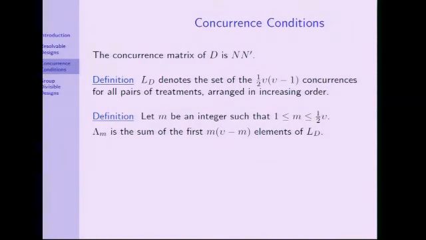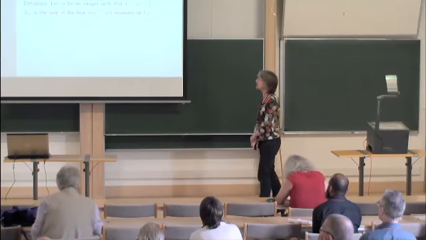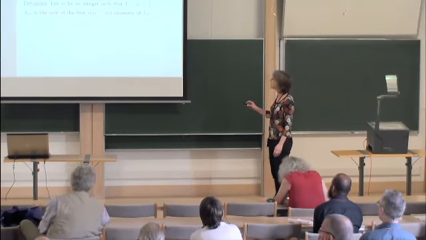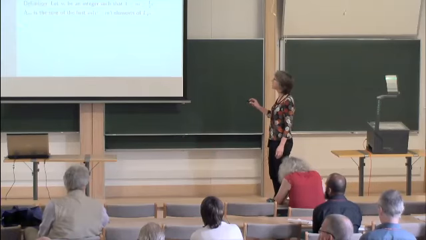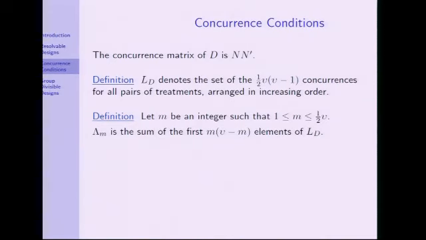And if we have an integer m, which is between 1 and half the number of treatments, then I'm going to define lambda m as being the sum of the first m times v minus m elements of LD. In other words, it's the sum of the m times v minus m smallest concurrences.